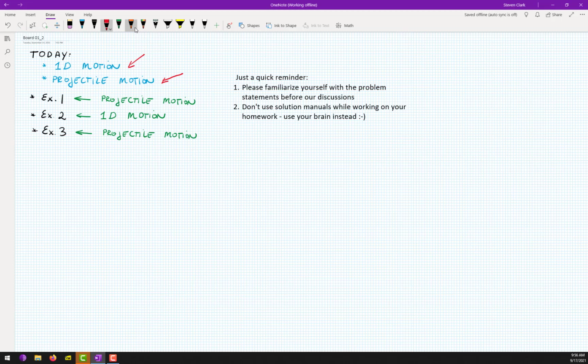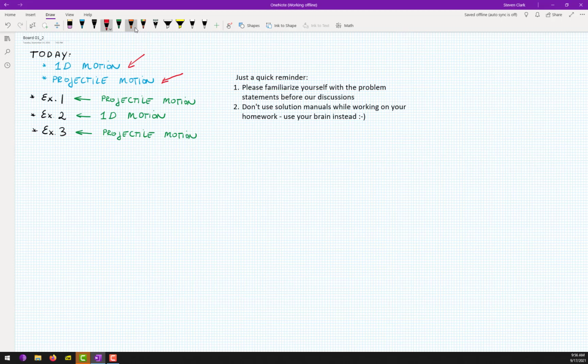Quick reminder, it's better for me and for you that you familiarize yourself with the problem statements before coming here. It's beneficial for you, because what's the point of us spending our time on reading these discussions? Let's spend that time on more productive things like solving them.